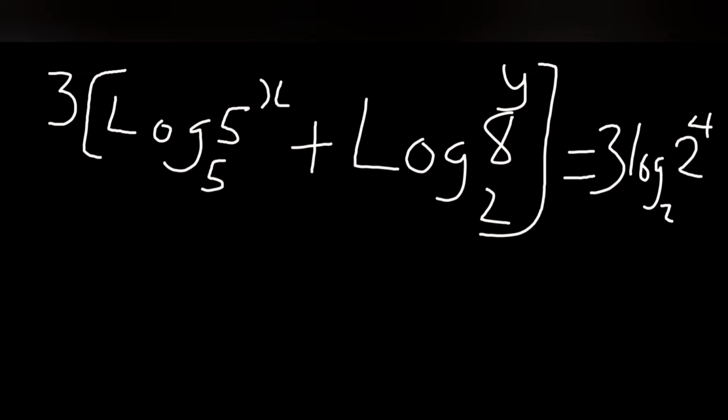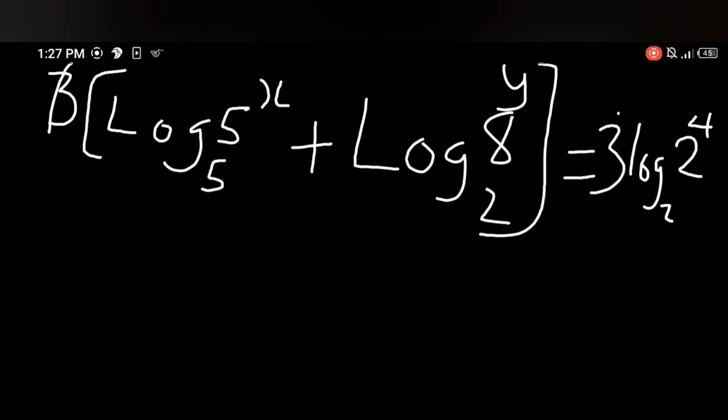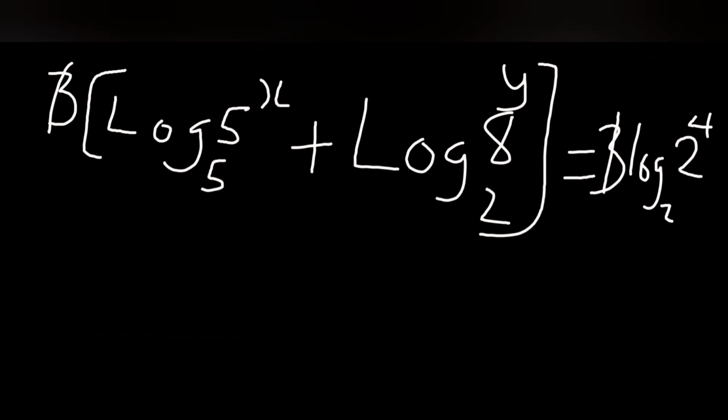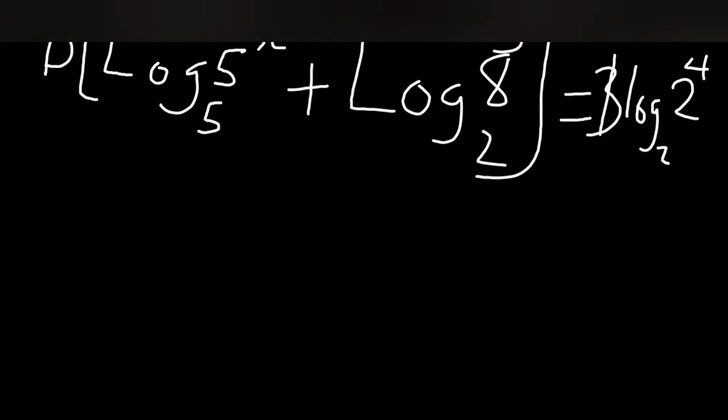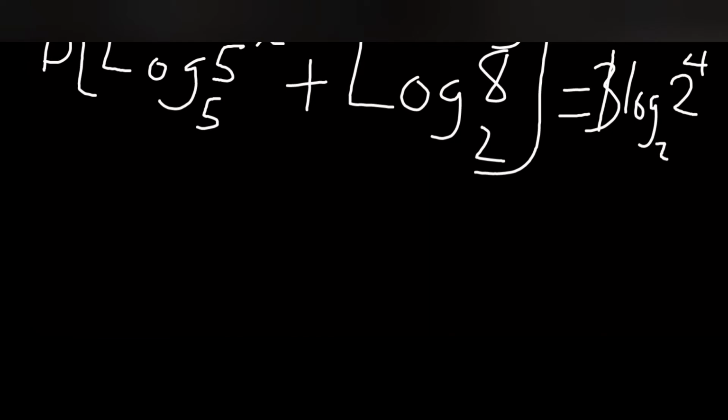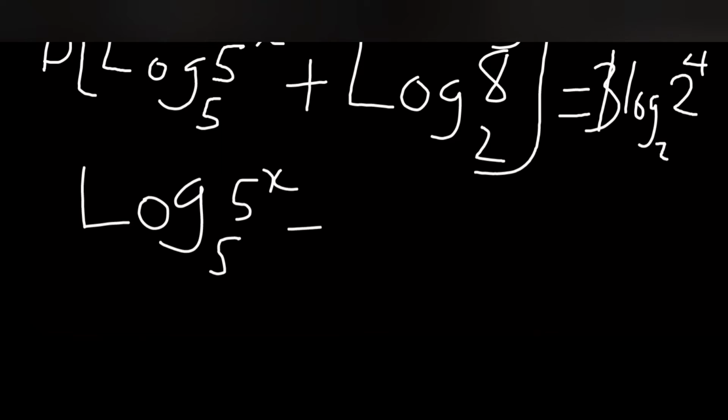So to make it more simple, let us look at how we are going to factorize all of this. First and foremost, we can just cancel 3 from both sides. We can also say log base 5 to the power of x, plus, then we put it in index form to make it better.